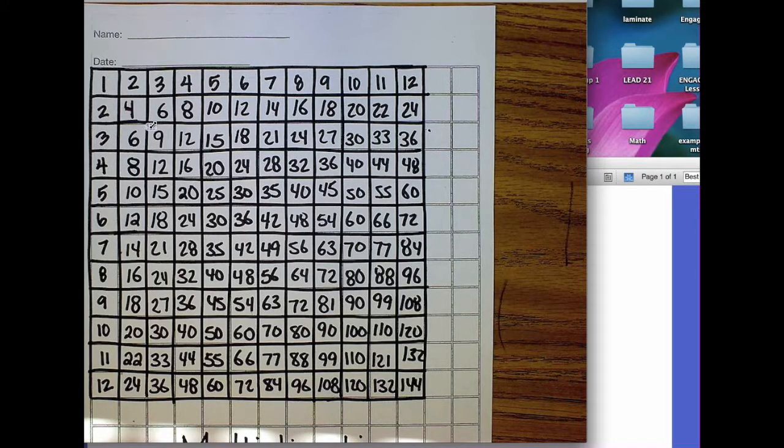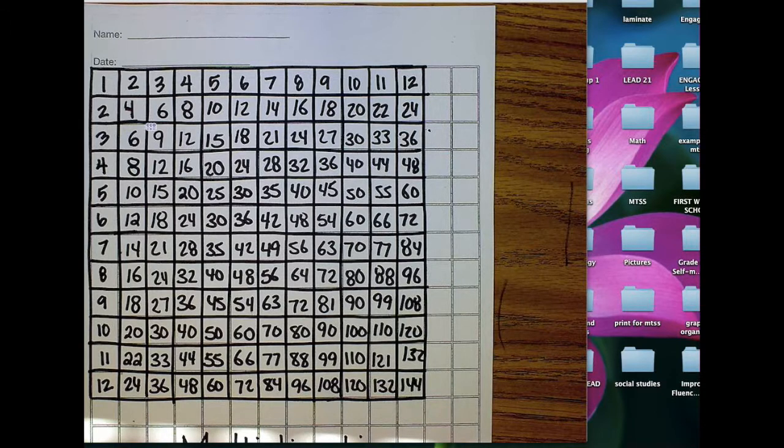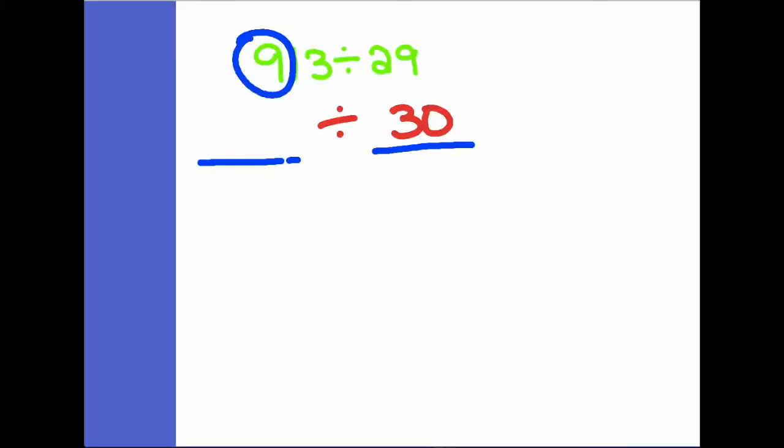They're nice on this page, and they just have it right out. So what do you think I'm going to round my problem to? 9. What do all the numbers behind it become? So now you have 900 divided by 30.